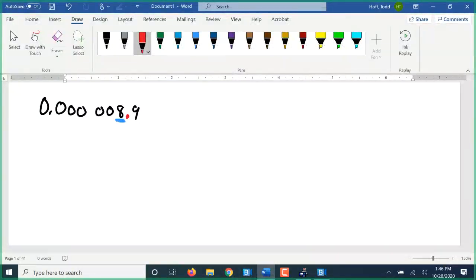It moves 1, 2, 3, 4, 5, 6 spots. That's 8.9 times 10 to the, is that going to be positive 6 or negative 6? Well, that's a really small number. It's smaller than 1, so it's going to be a negative 6. It's in the place values that are negative powers of 10.